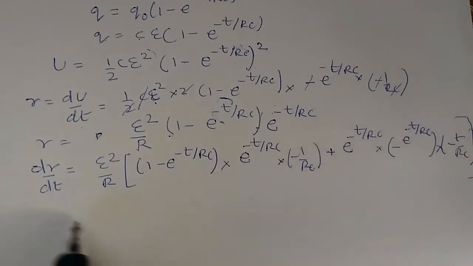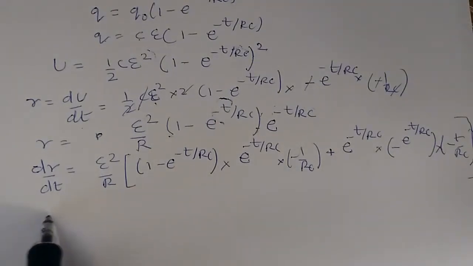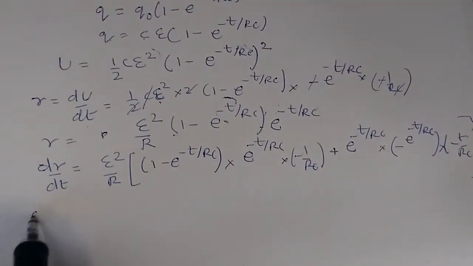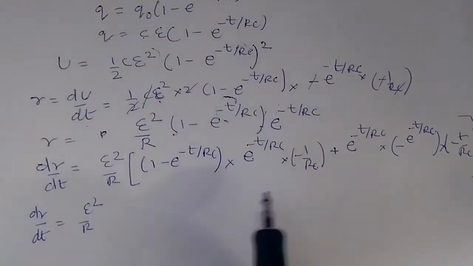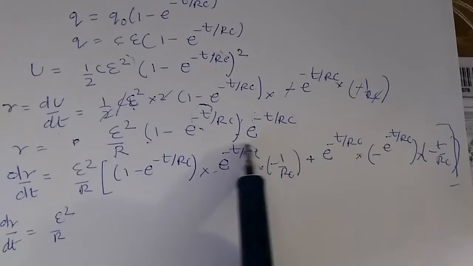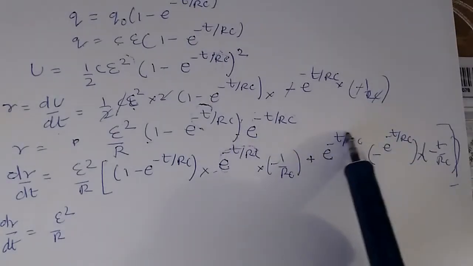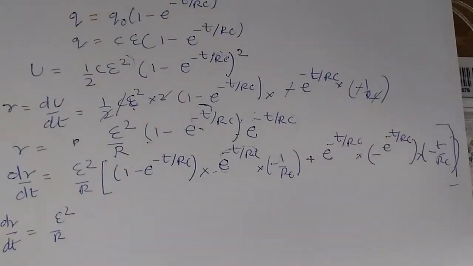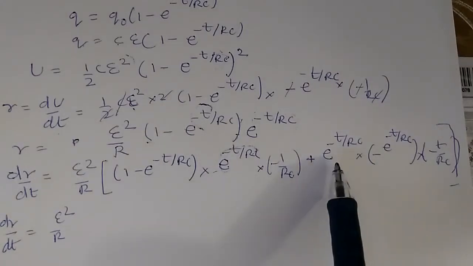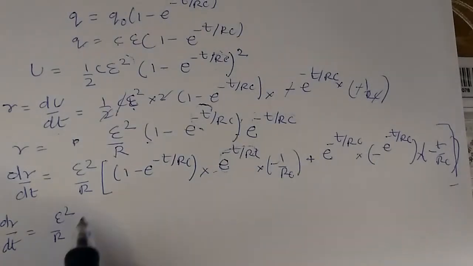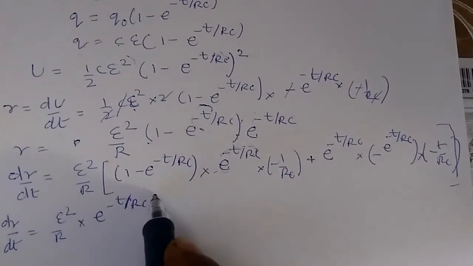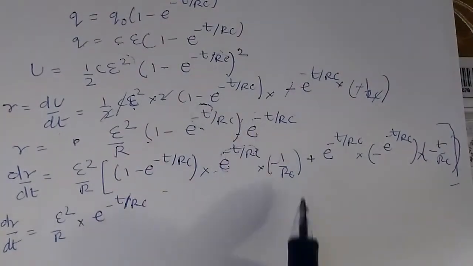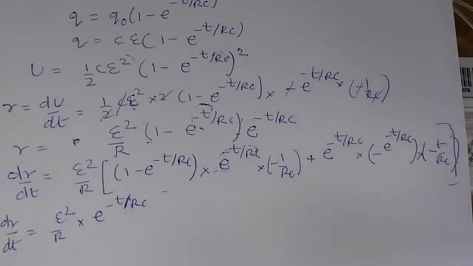Now we can simplify it a little bit more. So we have dR by dt equal to E squared by R. e to the power minus t by RC is common in both of them, and also RC and RC are common, so let's take that out.